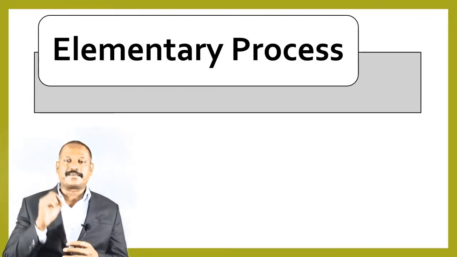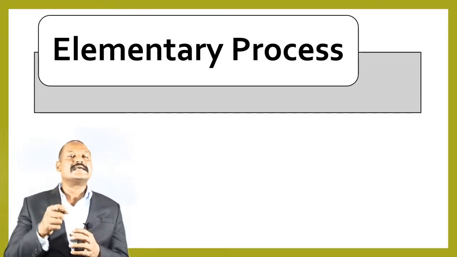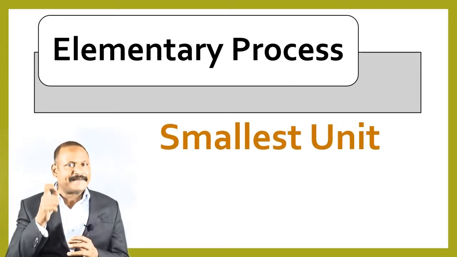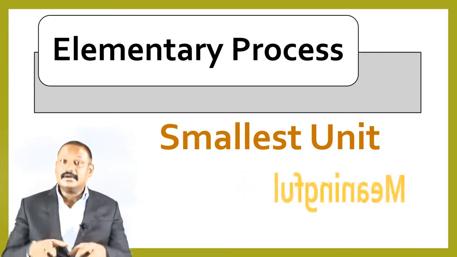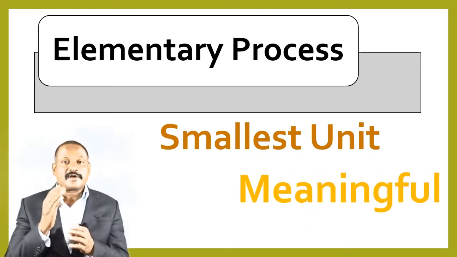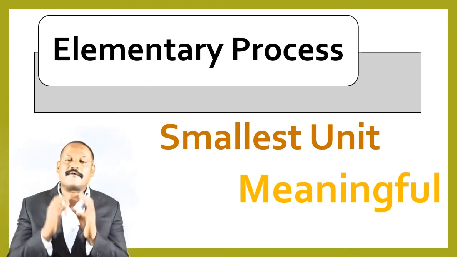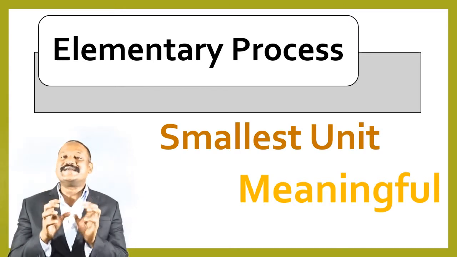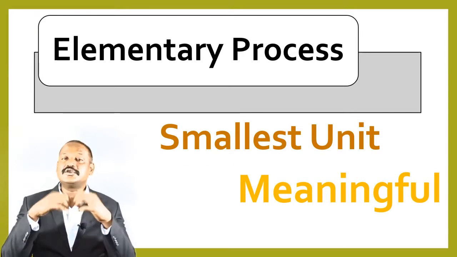Next, we will see a key term called elementary process. In function point analysis, elementary process is the smallest unit of activity which is meaningful to the user. Here, meaningfulness means from an information processing perspective, the software application should be satisfying a certain business information need of the user.